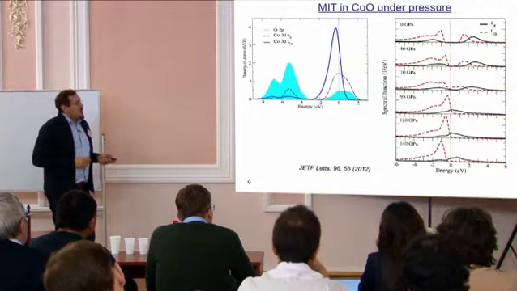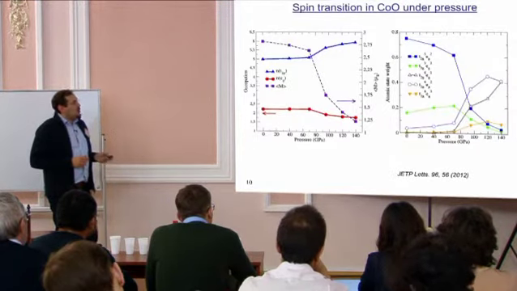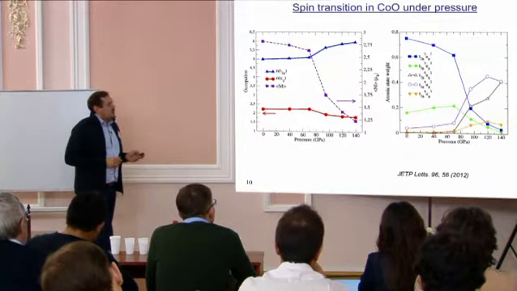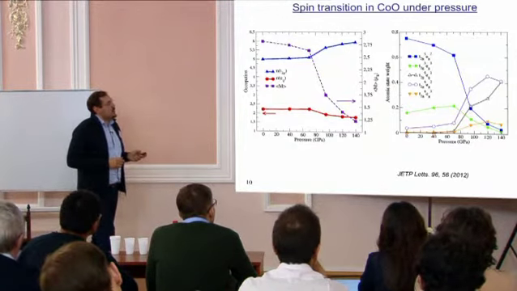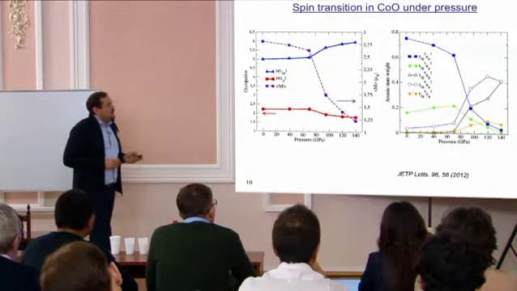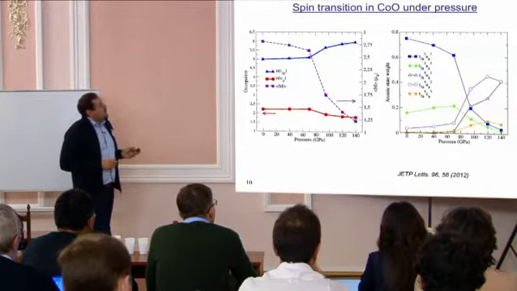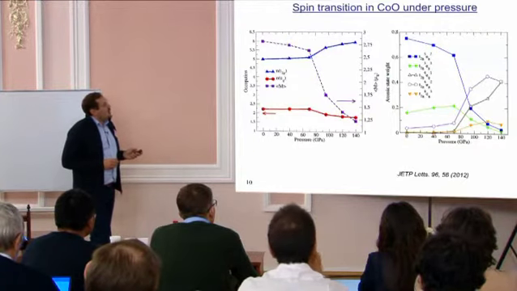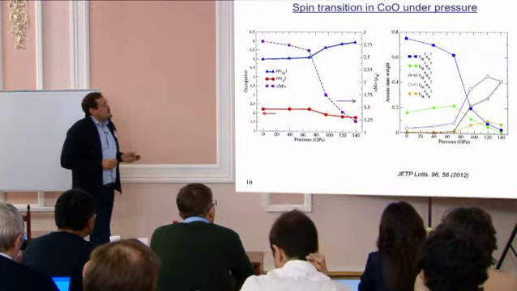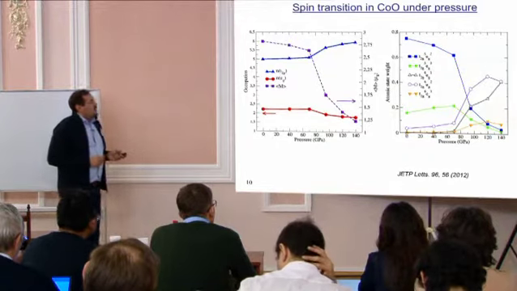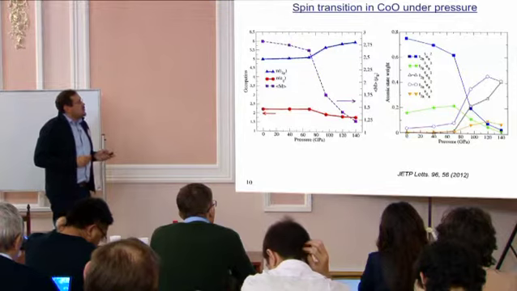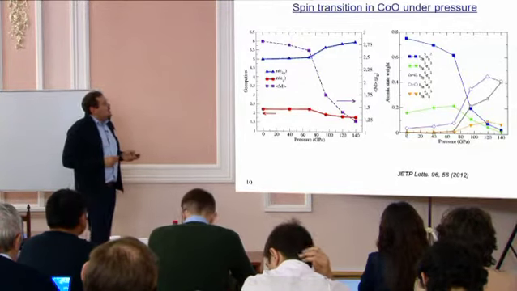Okay, and for this compound we also analyzed the occupation numbers and magnetic moment. So here the magnetic moment is less than 3 Bohr magnetons, and it goes to a bit higher values, while the occupancies change in this way.